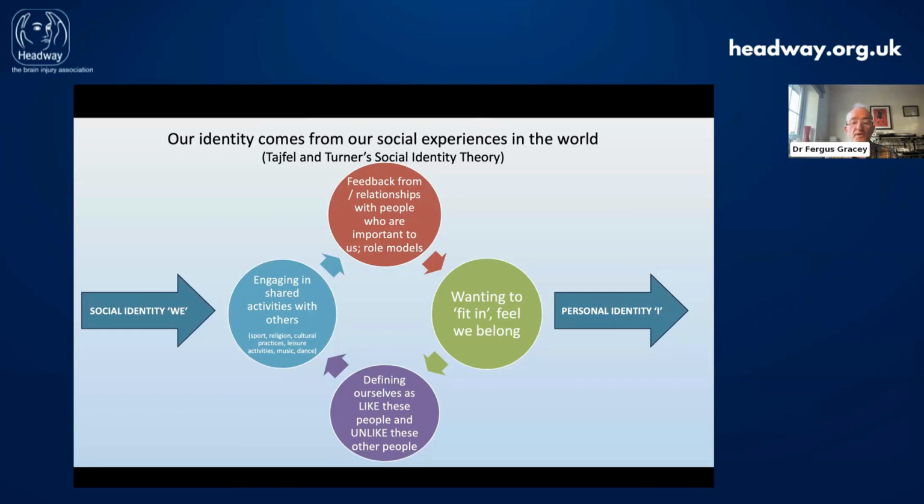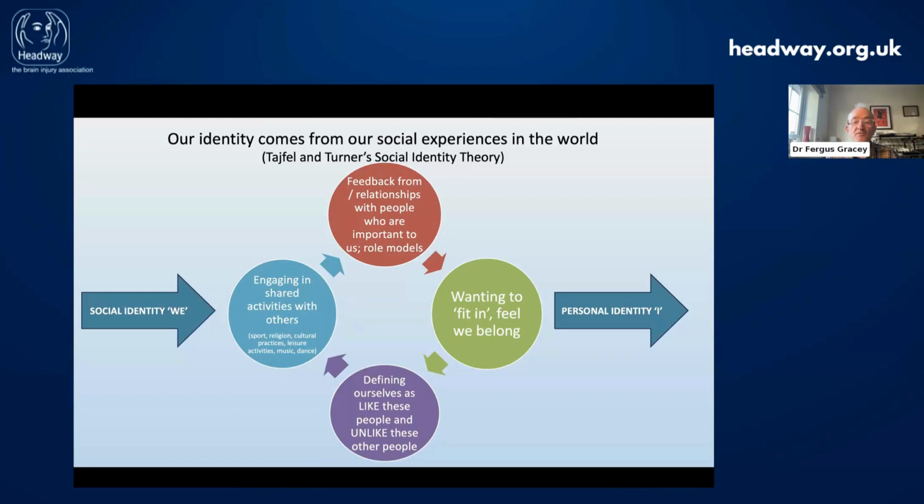But the important thing here is that identity is defined through our identification with the relationships we have in those settings. And this means that when it's all going well, we feel we fit in, we feel we belong.